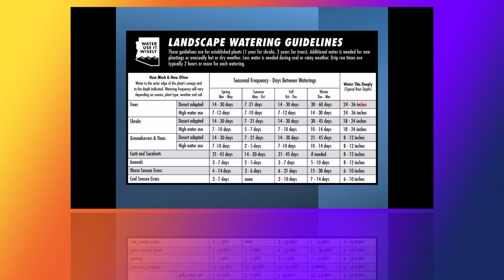Ideally, we want to get 24 to 36 inches down. By doing that, we're creating a water reservoir within the soil, and that helps the plants live a lot longer. Of course, high water use plants, then we're going to need to water more often. But I just wanted to point out, they only need to be watered once per week to once every 3 weeks, even in the hottest times of the summer if they're watered correctly.